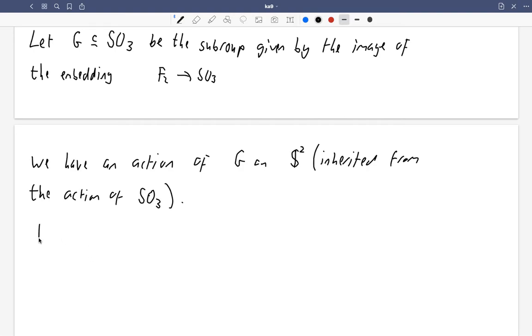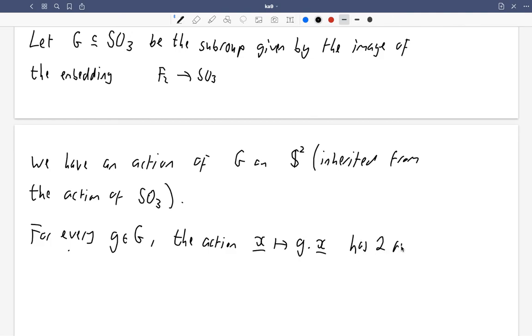So for every g in G, the action that maps a 3-vector x to g acting on x, the rotation g on x, has two fixed points, because this action is a rotation.